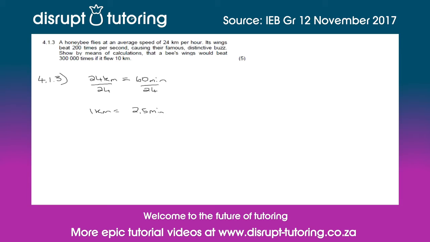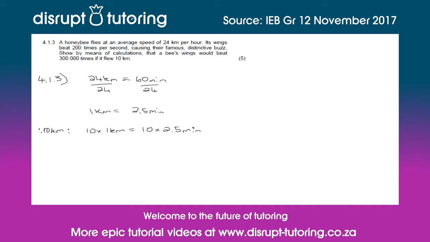So now we need to find out how long it will take the bee to fly 10 kilometers. So therefore, to go 10 kilometers, we multiply both sides by 10. So it'll be 10 times the 1 kilometer equals 10 times the 2.5 minutes. Remember, we can multiply both sides by the same number.